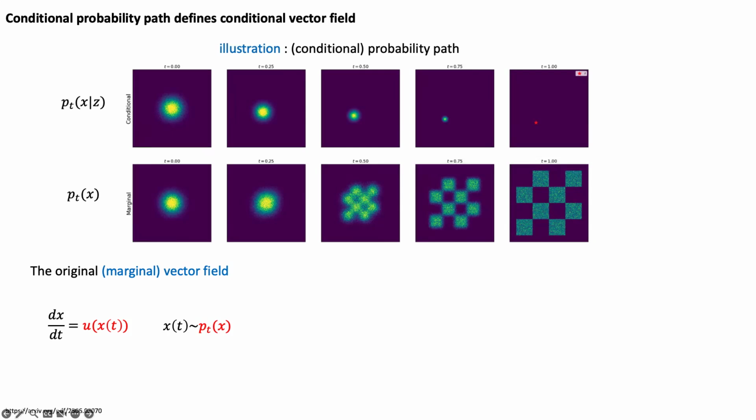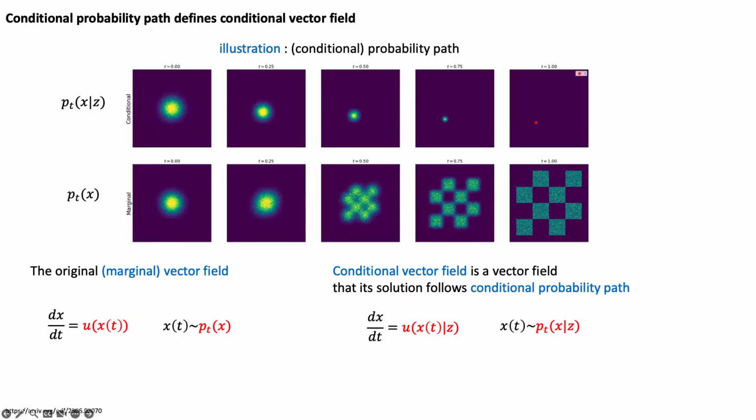Now the original vector field satisfies the following ODE, where every trajectory at time t follows the probability path at time t. Now I can define a conditional vector field.